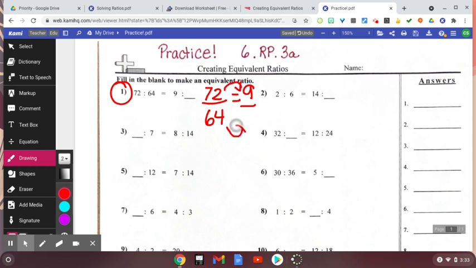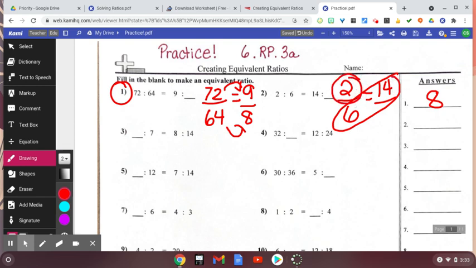So 64 divided by 8 is always equal 8 as well. So under the answer column, we're going to write 8. Now, most of these problems, you'll still be able to set them up as a fraction and see the relationship. But if you're not good with your multiplication facts, then your best bet is doing the cross multiplying and then dividing by the number that is still there.